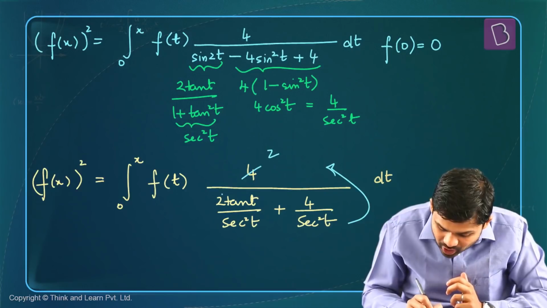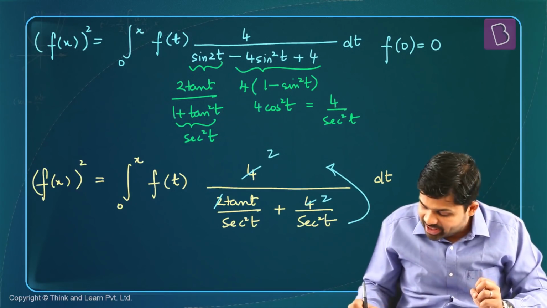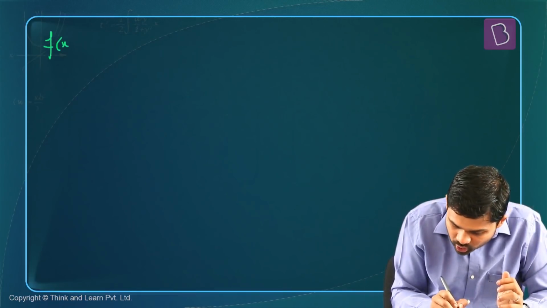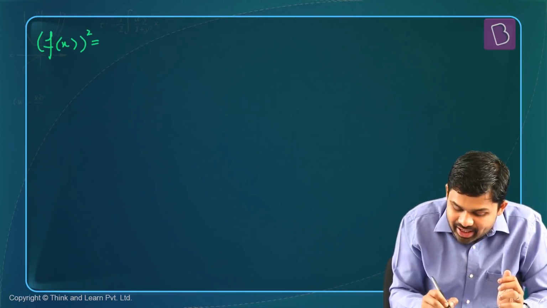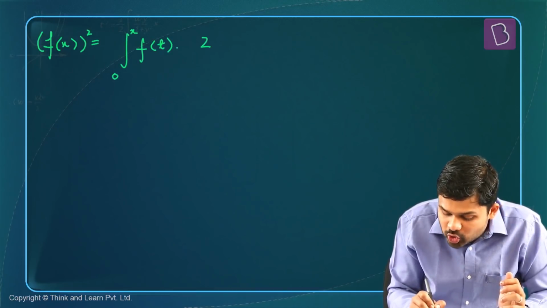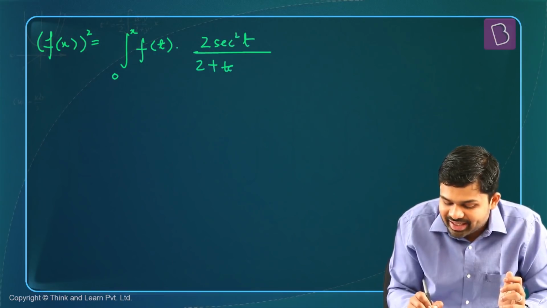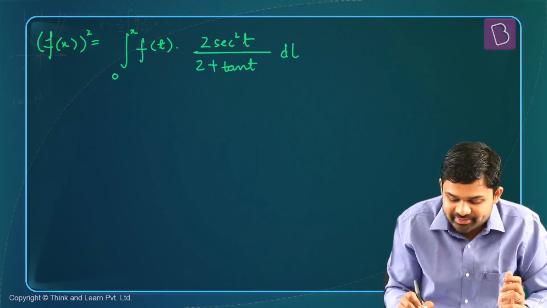I can cancel out one of the 2's from all of these expressions to get the expression for f of x the whole square as nothing but the integral from 0 to x of f of t into 2 secant square t divided by 2 plus tan t dt.